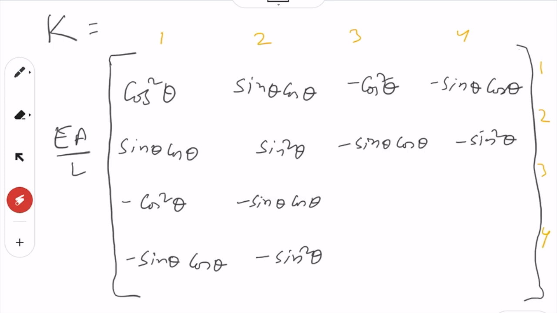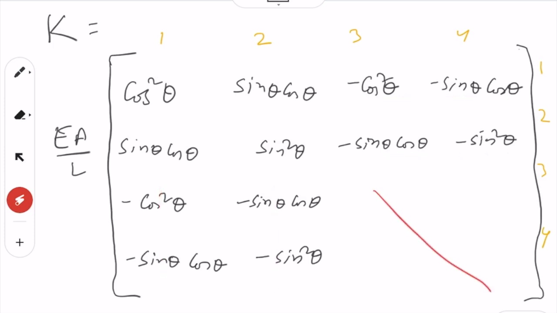This row we derived, and because we know the matrix has to be symmetric, we have just copied whatever is here to here.